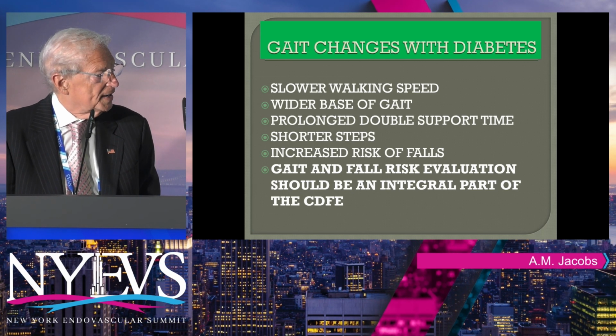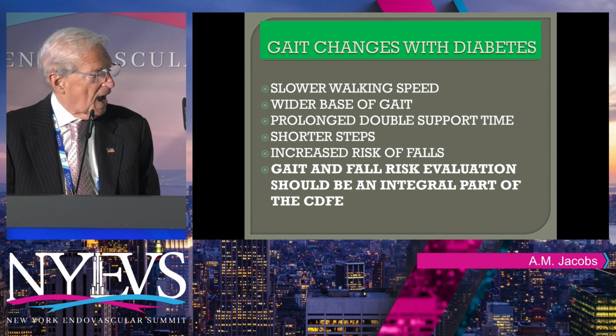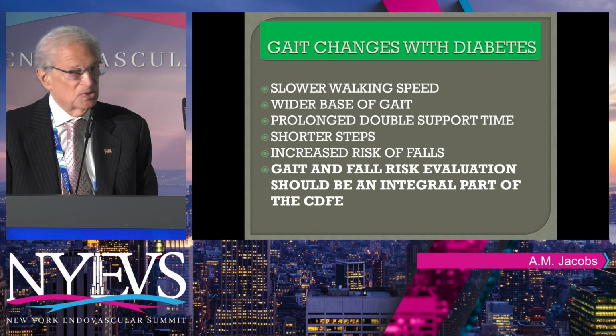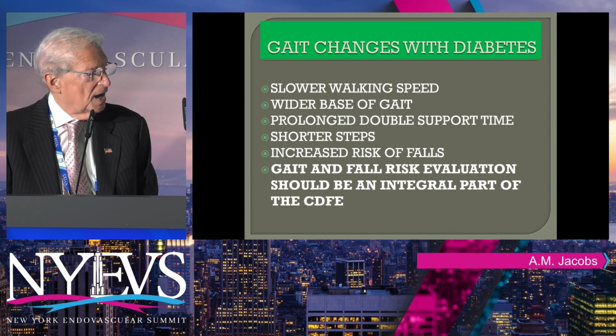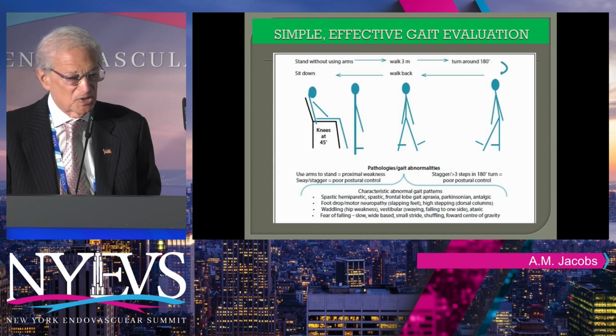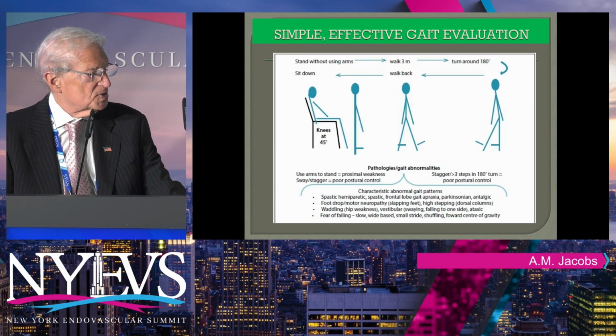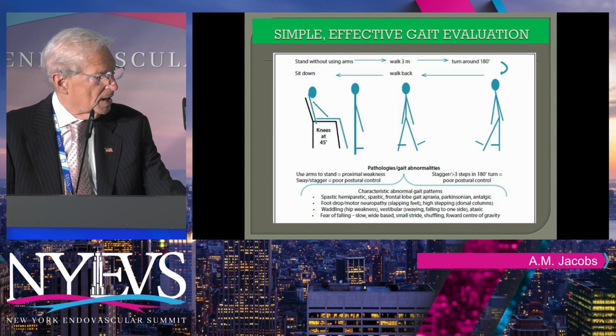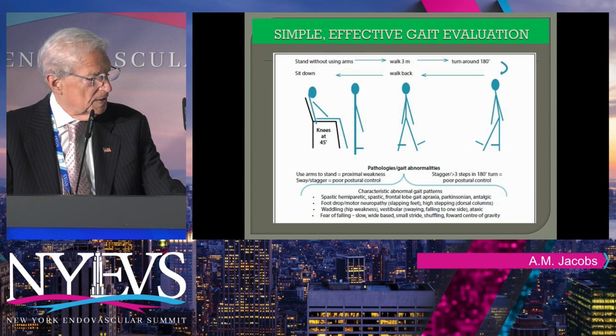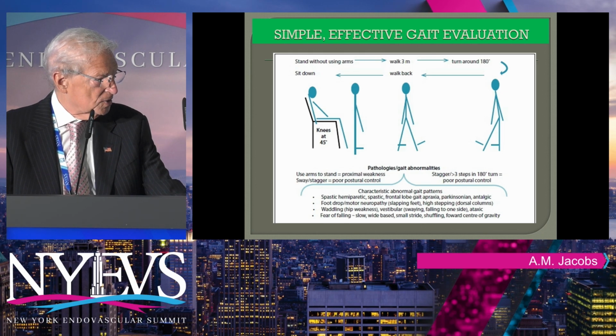And so a gait analysis should be an absolute part of your evaluation of every single diabetic patient, regardless of why they're there. Anything from onychomycosis to stress fracture of the calcaneus. And the easiest test to do that's validated is the get up and go test. You ask the patient to get up out of the chair, walk 10 feet, turn around, walk back to the chair and sit down, and you watch them.